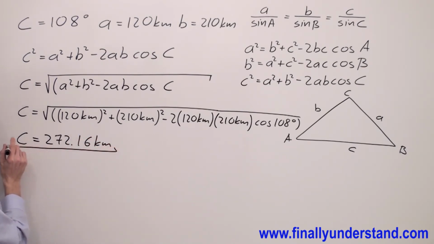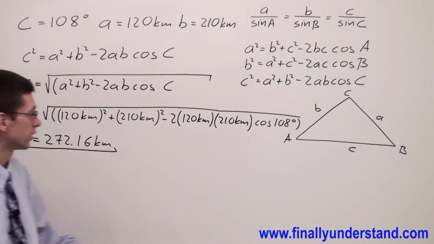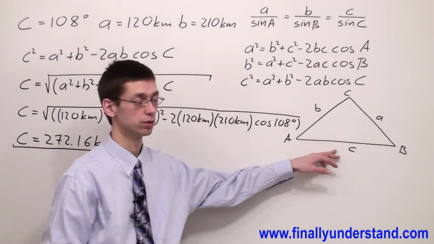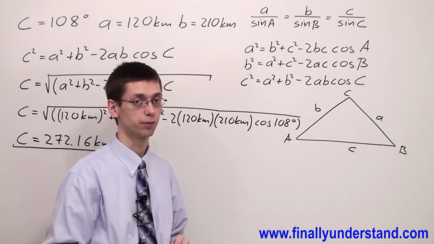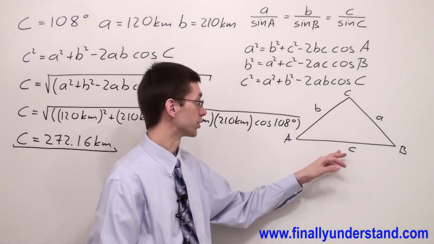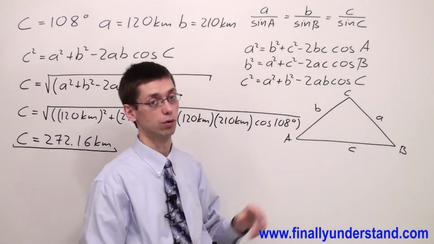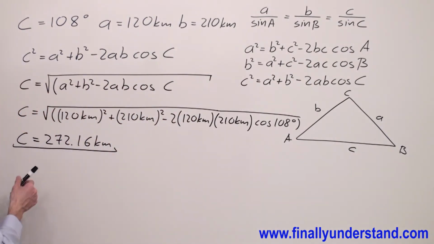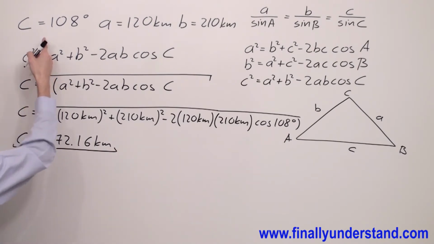Okay, so this is the length of my side C, which is basically the opposite side to the given angle. So if I have an angle and its opposite side, I can use the law of sines. So I have side C, angle C.